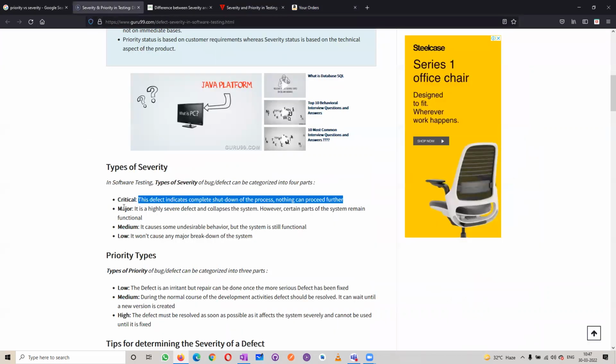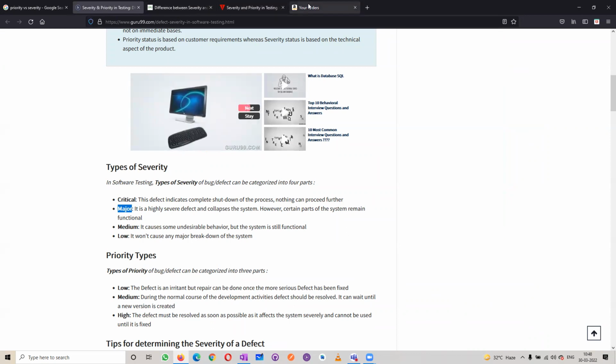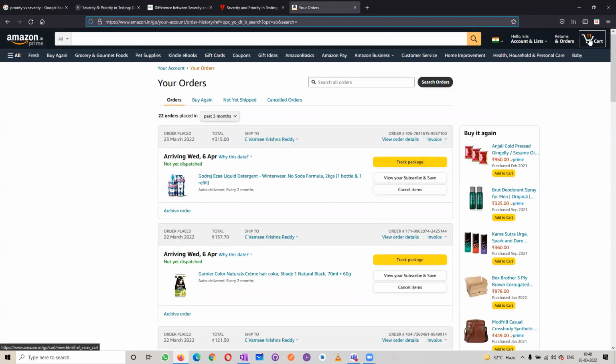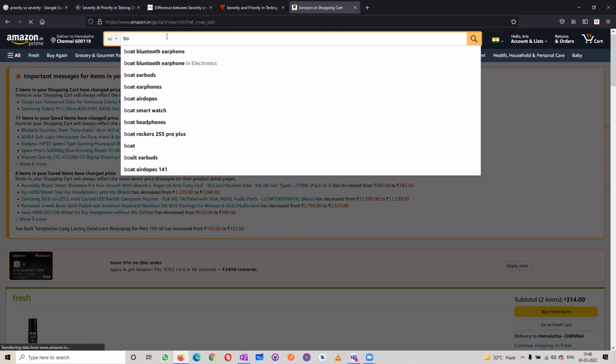And the next one is major. Major means the most important functionality is not working, but the remaining part of the application is working fine. For example, say the login functionality is not working. See, I wanted to make an order.